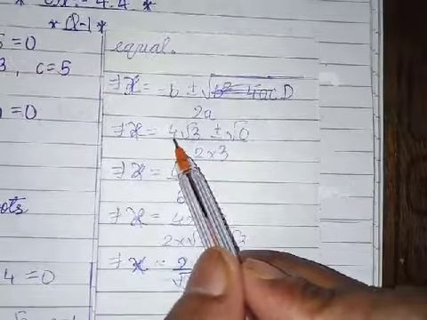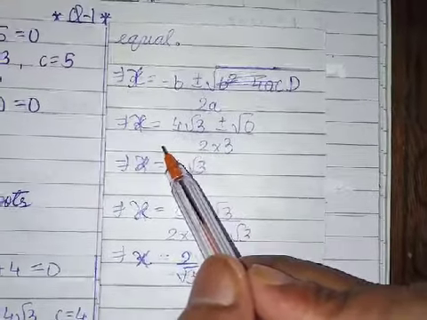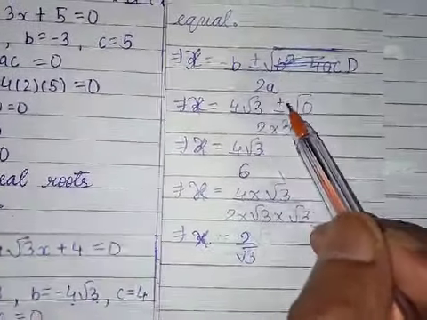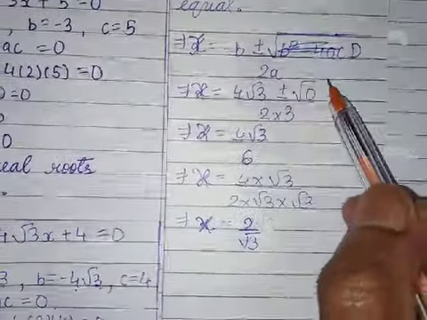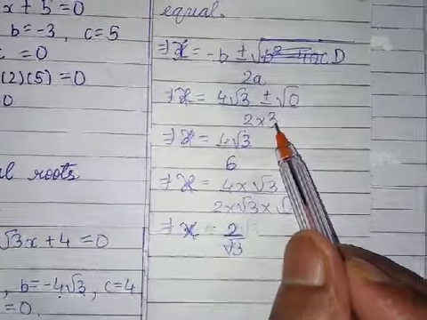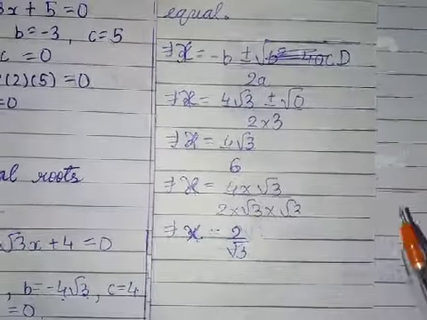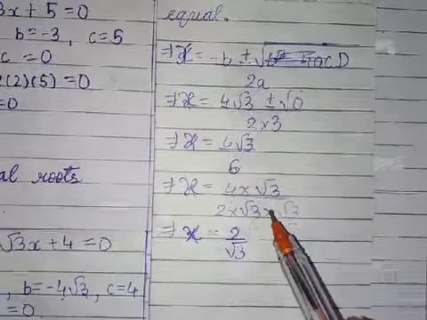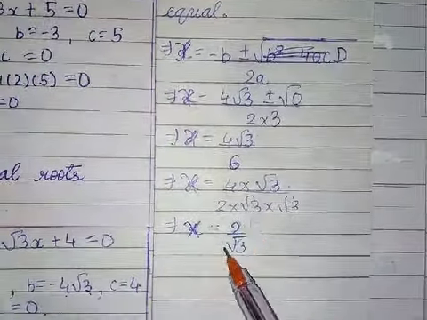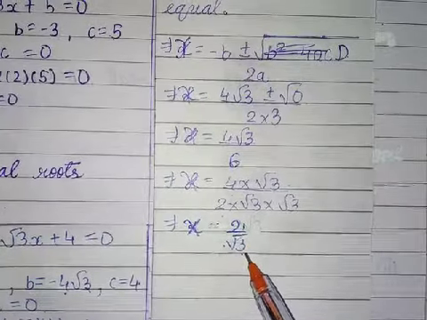So minus of minus b will become plus. So 4 root 3 plus minus root D, and this whole term will become 0 because D is 0, upon 2 into 3, a is 3, so 2 3s are 6.